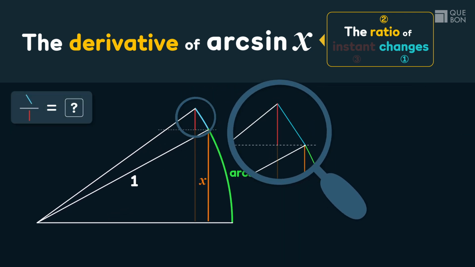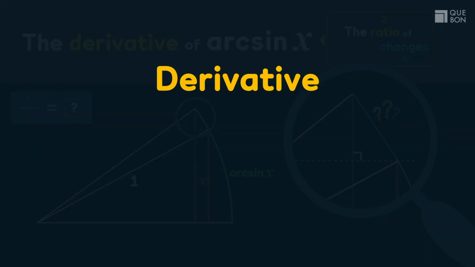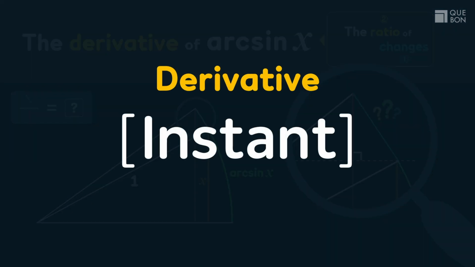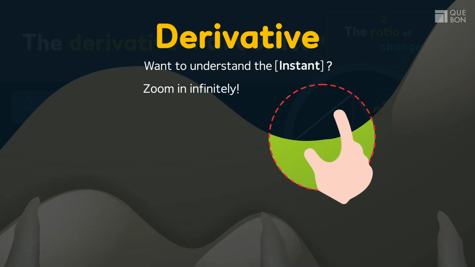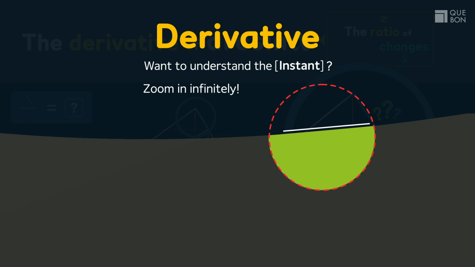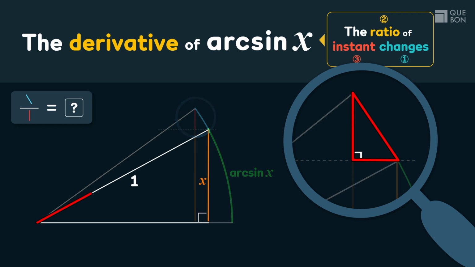If you zoom in on that little change, it becomes a right triangle. You may wonder, the arc is curved, so why is it drawn as a straight line? Because a derivative is all about an instant. And if we zoom infinitely into an instant, even a smooth curve becomes a straight line. Now, this right triangle is similar to the big one we started with.